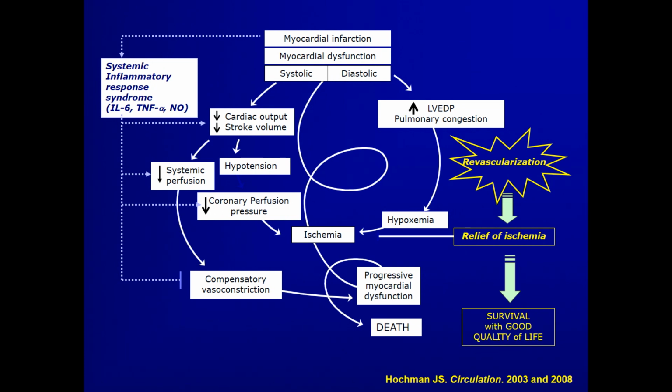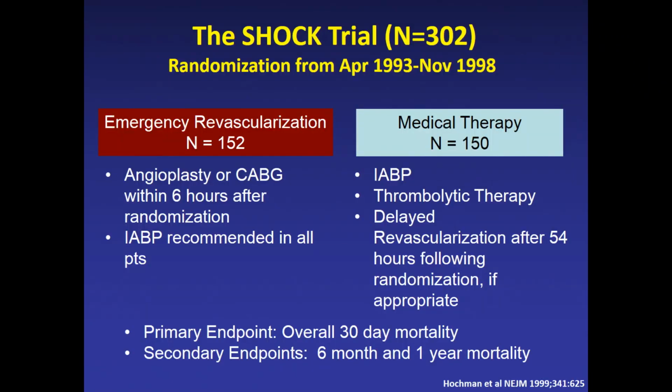To overlay this strategy on top of our previous diagram looking at cardiogenic shock pathophysiology, if one can relieve ischemia through revascularization, there's the opportunity to interrupt this downward cycle of cardiogenic shock and improve survival, both to hospital discharge and over the long term. The best data supporting this strategy for early revascularization is from the SHOCK trial, which is now somewhat dated, but still is a primary driver of our strategy for at least shock complicating myocardial infarction.